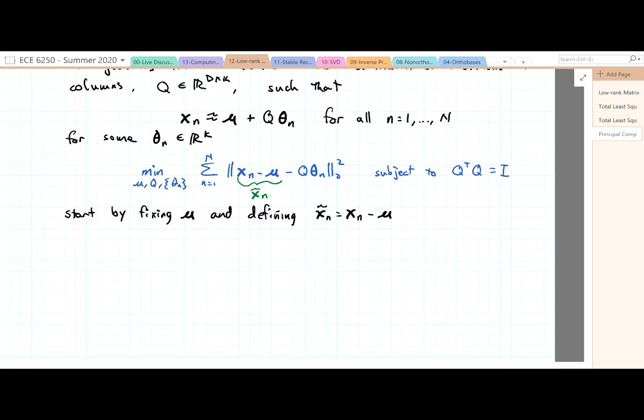And since we're looking at this sum of the total squares, we can actually rewrite this as minimizing over Q, in R^(D by K), and capital Theta, that's K by N, the Frobenius norm of capital X tilde minus Q capital Theta, with the same restriction on Q as before.